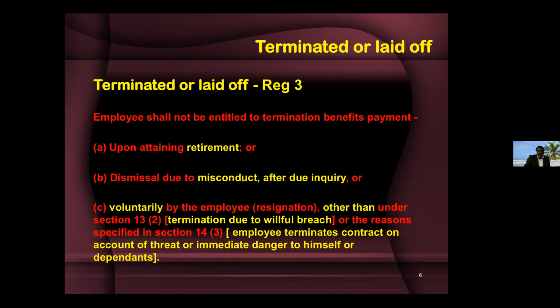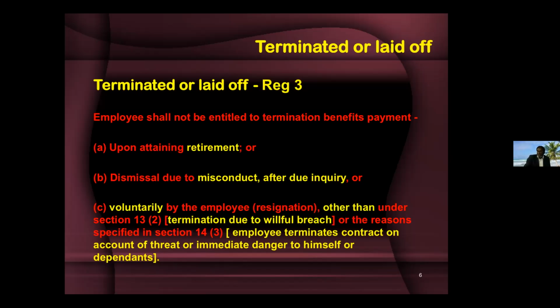So in this case, occasionally when an employee terminates his contract, during CMCO, for example, the employee terminates a contract because he feels that there is some sense of danger of him coming to work because of the threat of the pandemic or the virus, then he can terminate his contract under Section 14(3).